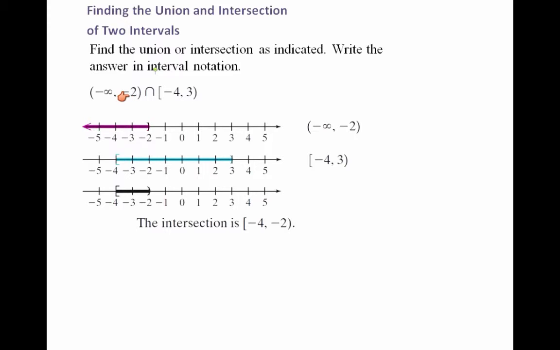I'm not going to include the negative 2, so I'm going to use the parentheses here. And then the next set would be all the numbers between negative 4 all the way to 3, using a bracket for negative 4 and then parentheses for 3. So what do we have in common between these two sets?